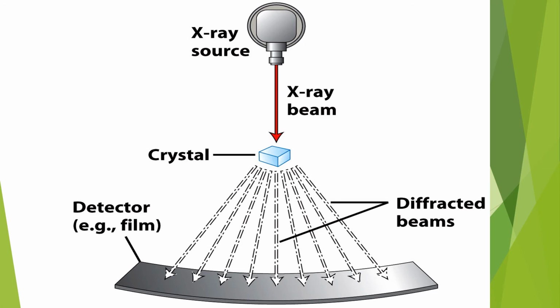Here is the source. There is an animation which is showing that X-ray source. The X-ray source is the X-ray tube from where X-rays are coming, and this red line is the X-ray beam which is striking a single crystal, and after striking the single crystal it is scattered to different angles and gives different modes of scattering.